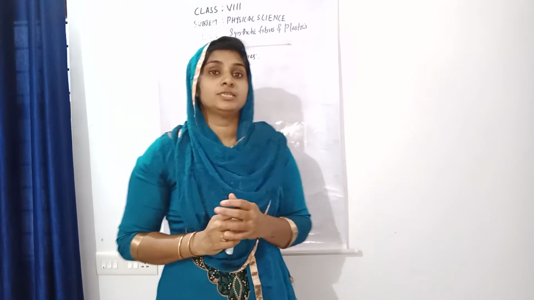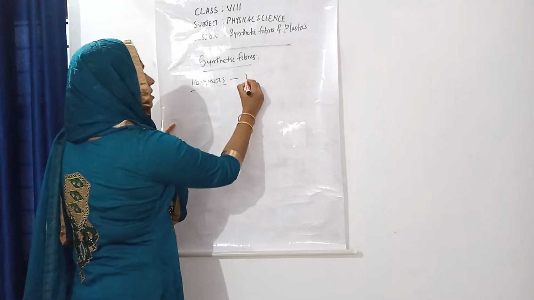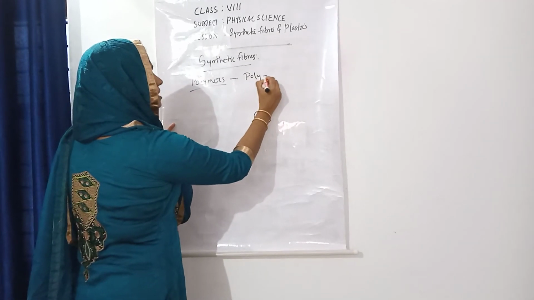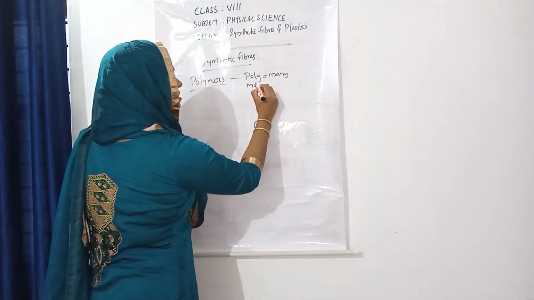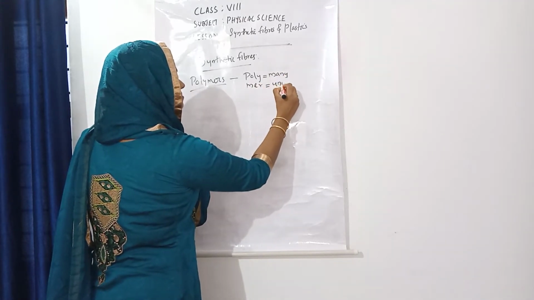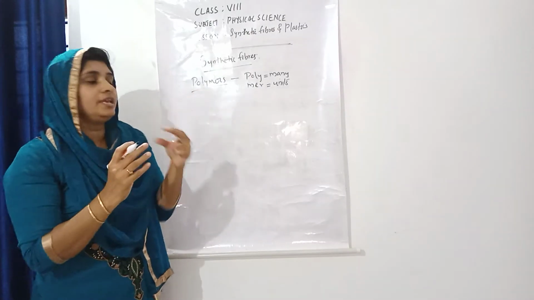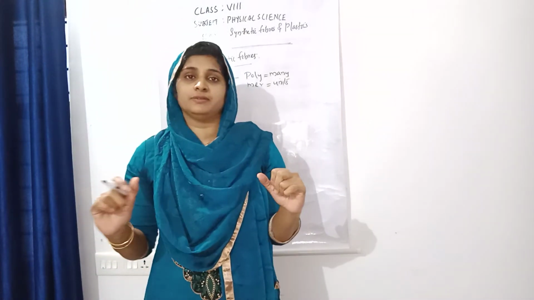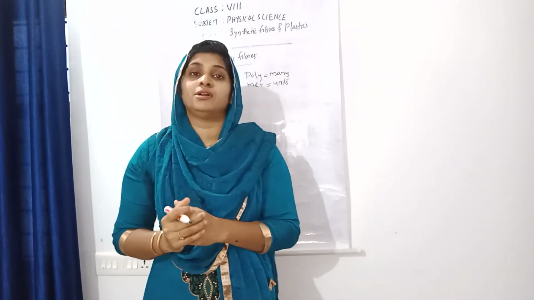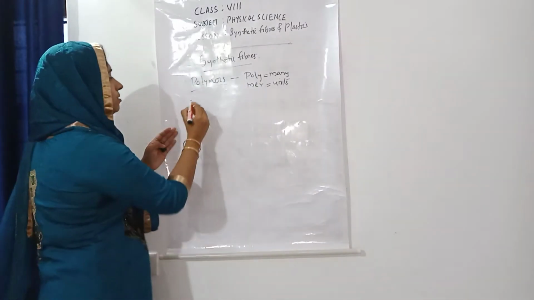Okay, and this word polymer comes from a Greek word. Poly means many and mer means units. So many units joined together to form a long chain. The long chain is called the polymer, and the small units are known as monomers.